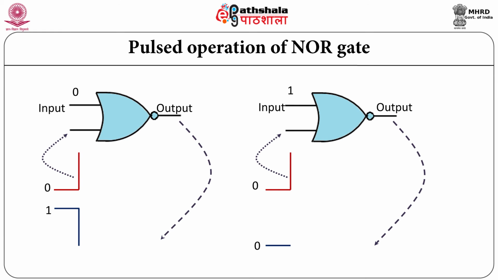After the application of square wave, it is observed that the NOR gate with one of the inputs as 0 transfers the square wave to the output, but in a complemented form. Therefore, this logic gate acts like an enable gate, whereas the NOR gate with one of the inputs at logic 1 acts like an inhibit gate, thereby blocking the square wave from reaching the output.